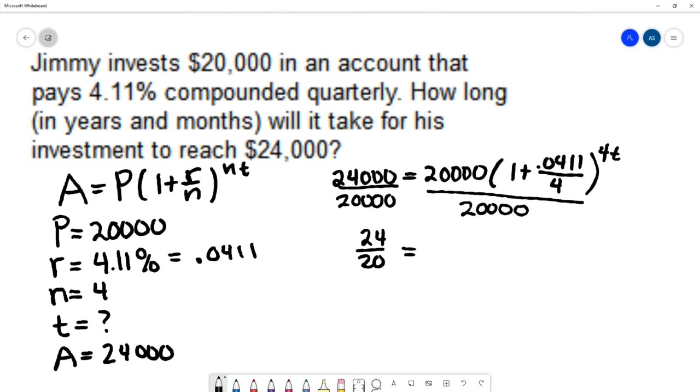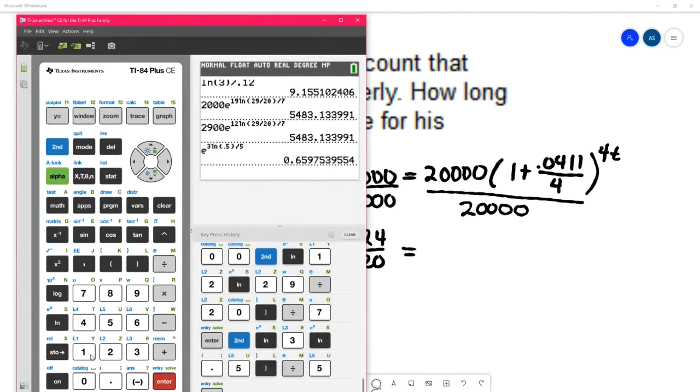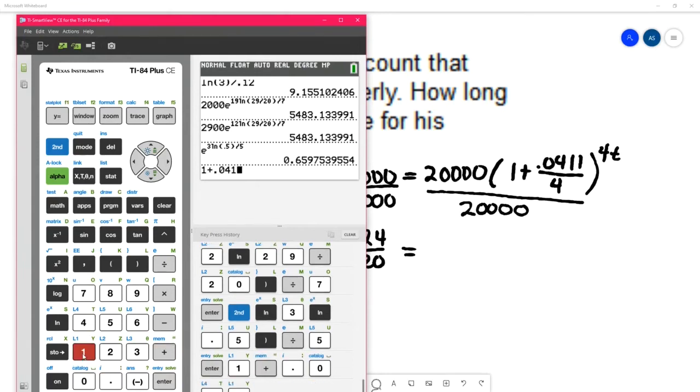equals, and let's type this part in our calculator to see if we get a nice round number. 1 plus 0.0411 divided by 4.